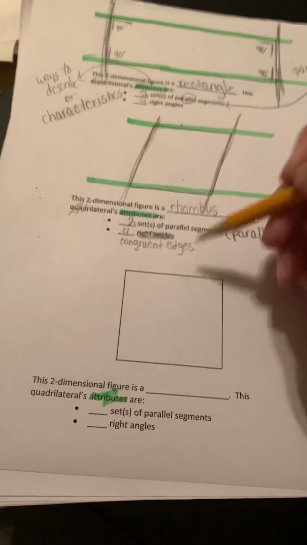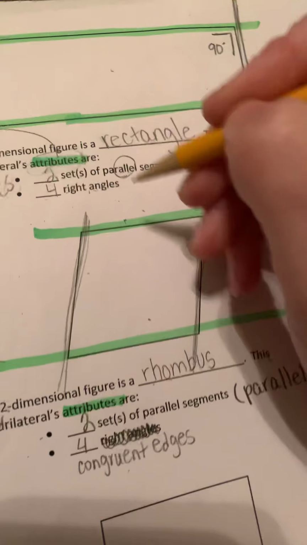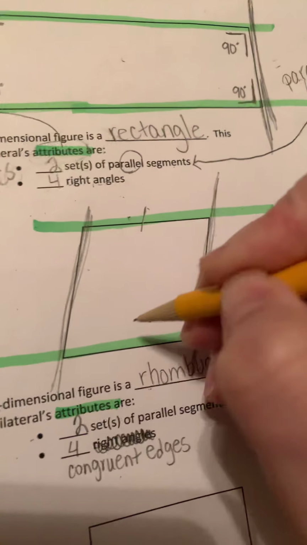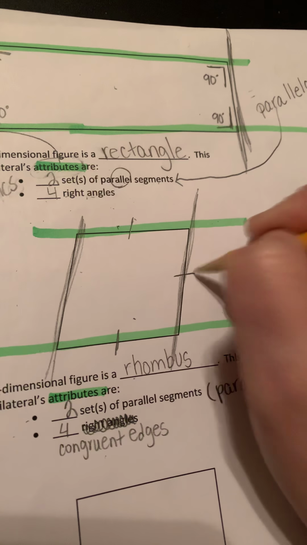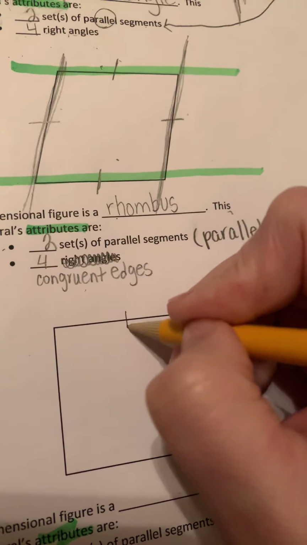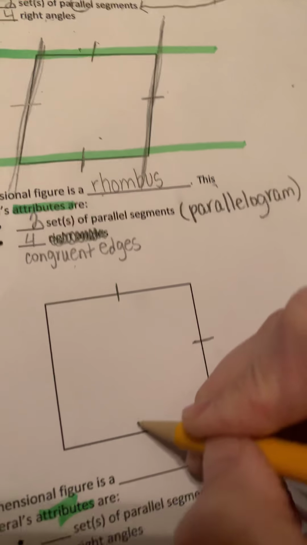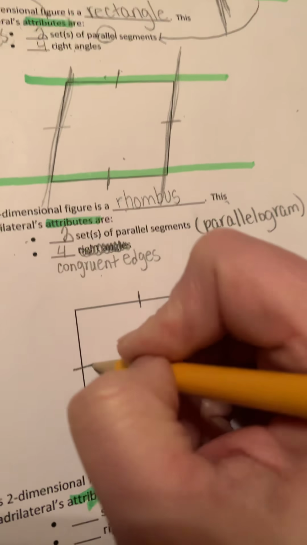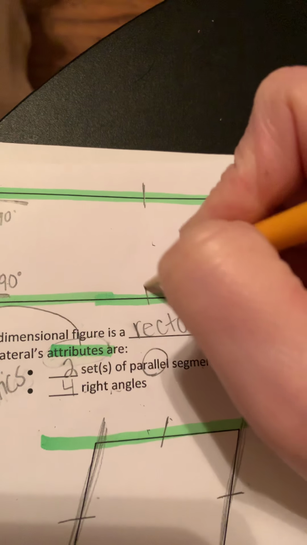You'll see this in geometry a lot. These little hash marks like this, I want y'all to put them on your rhombus. Go ahead and put them down here. And on the rectangle, I want you to put one on the top and one on the bottom.